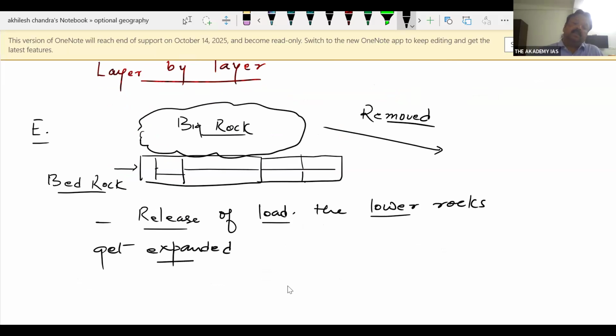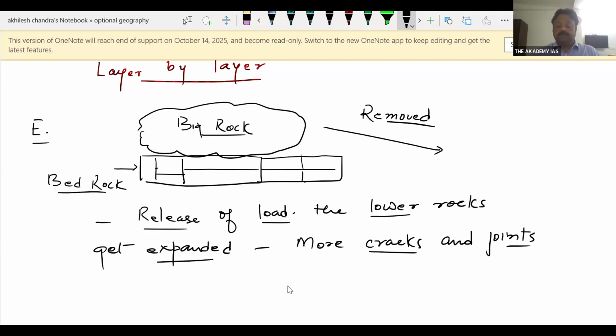This creates more cracks and joints. More cracks and joints. And due to this unloading, here removed or unloading, this is also called unloading.